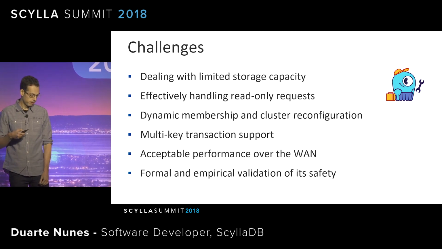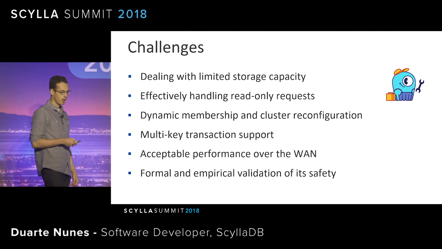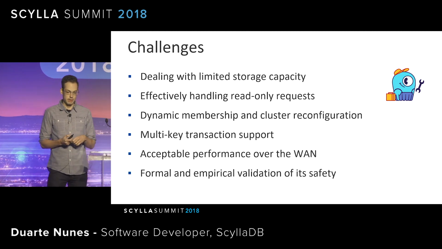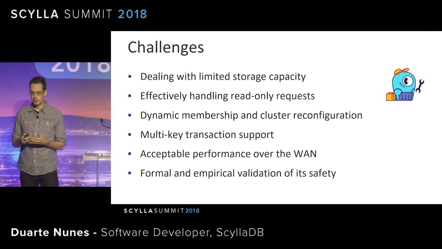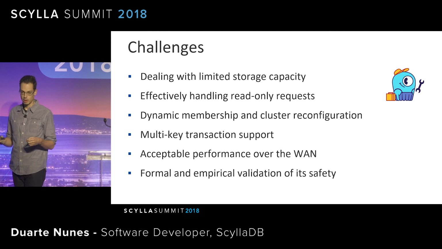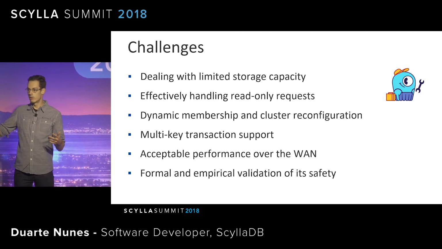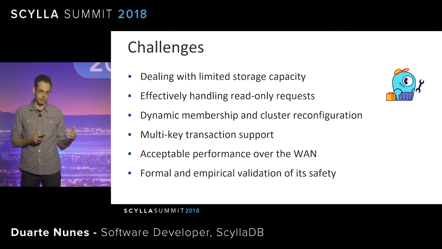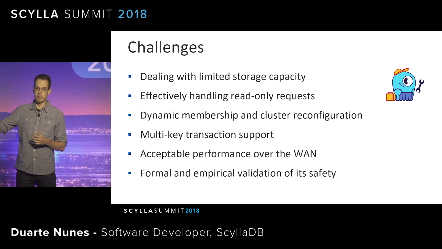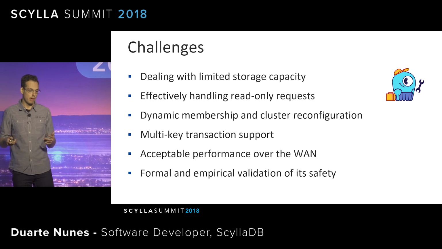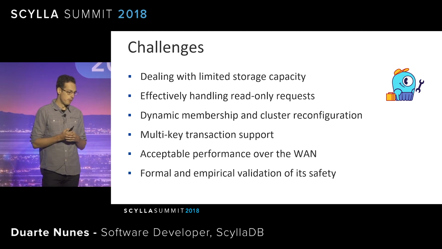When implementing a consensus protocol, we have a set of challenges. These protocols typically have an underlying log of operations, which is the way that operations are ordered and actually ensure that the replicas all see the same operations in the same order, and that requires storage and space.